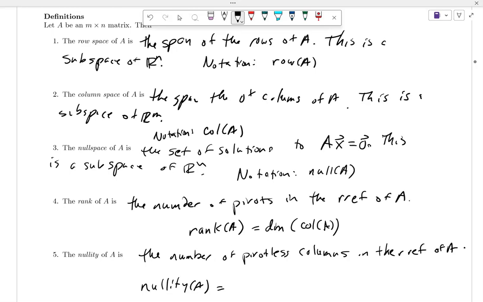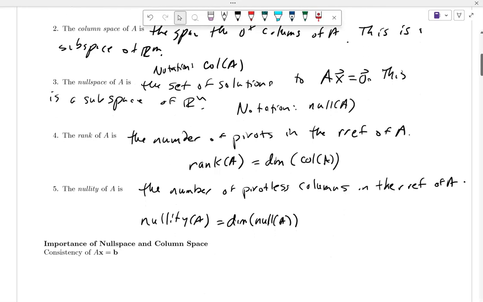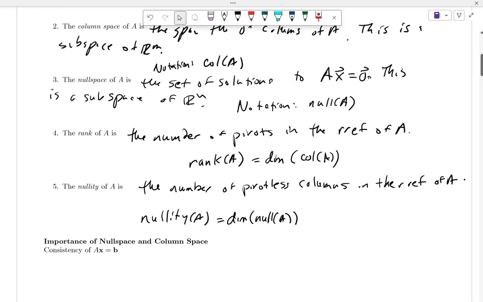So the nullity of the matrix will be the dimension of the null space of A. And we're going to come back to a connection between these two numbers in a little bit. But these are just some definitions, and we'll talk about how we find bases for these in a minute.